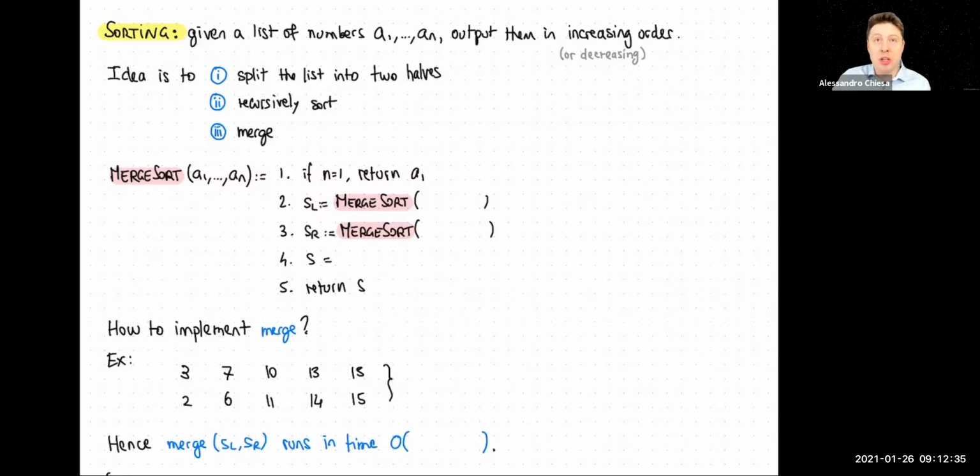So how about we just recursively sort them? We recursively sort each half. That's just a recursive call to yourself, right? But now you have 2 sorted sublists consisting each of n over 2 elements. So we're going to have to somehow put them back together to obtain the final sorted list. So now we're going to merge the 2 sorted halves.